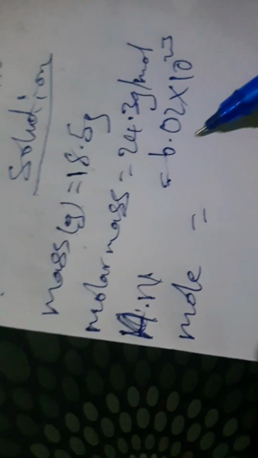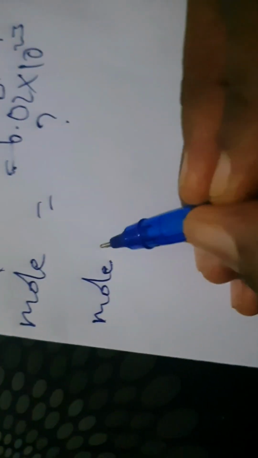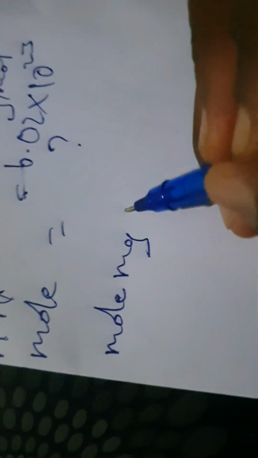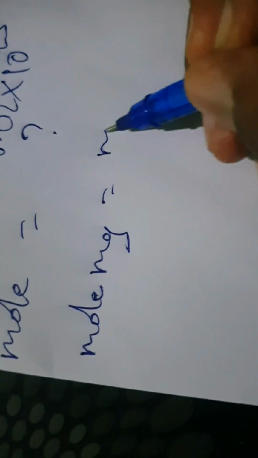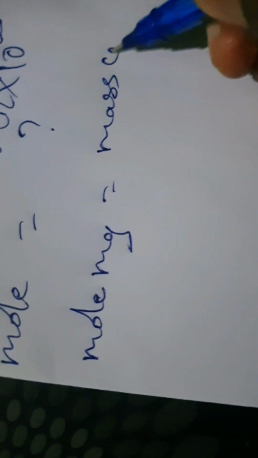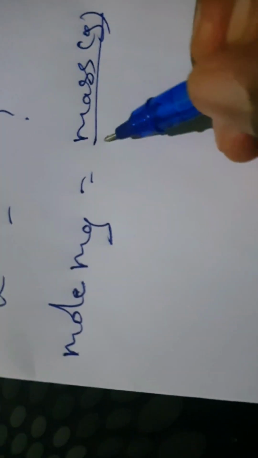We don't know the mole, so we're going to find mole. So mole of manganese is equal to mass in gram divided by molar mass.